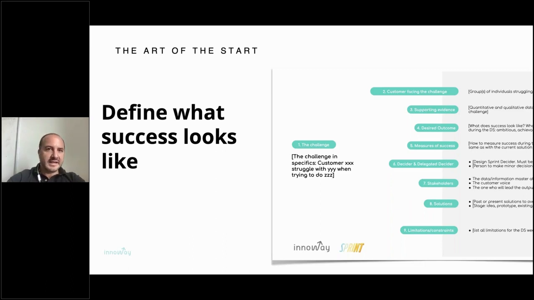Who is the decider and the delegated decider? Who is the team and what are the limitations? If you follow this simple template and agree with your customer or client, it will avoid certain delays and roadblocks during the 5-day sprint.